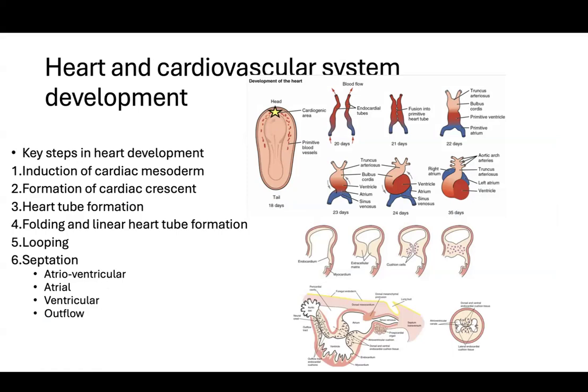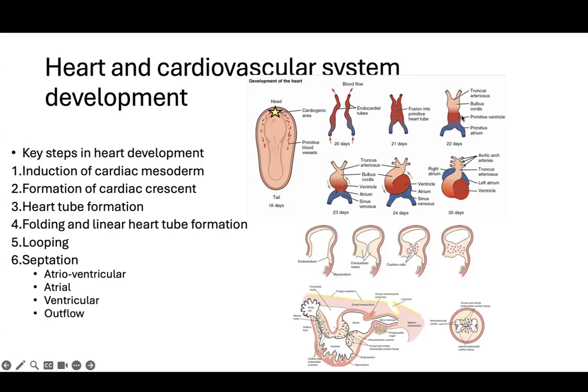So just before we start talking about those defects, this is a good schematic representation of how the heart develops over the antenatal period. You've got similar primitive blood vessels, almost like the nervous system, a cord or tube-like structure, which then starts forming the arterial and ventral parts.